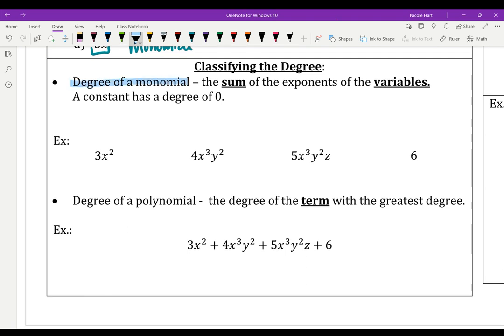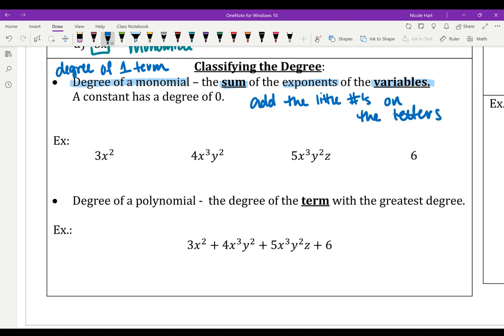So the degree of a monomial, the degree of one term, is based off of the sum. So we're going to add the exponents of the variables. We are going to add the little numbers on the letters.